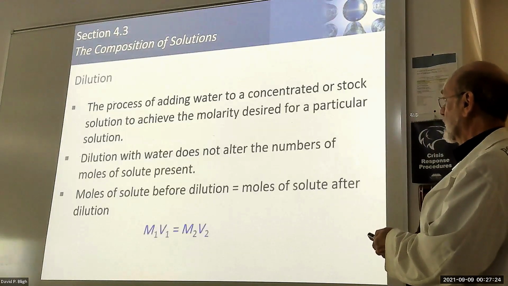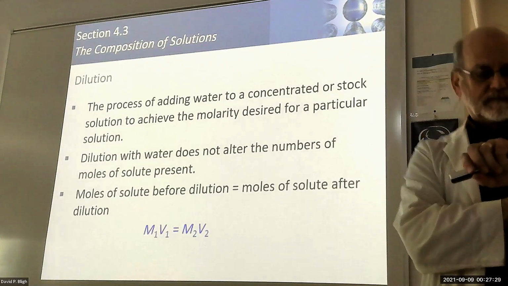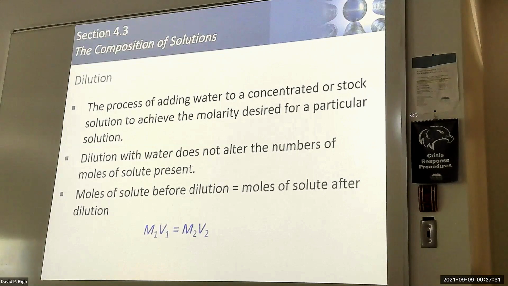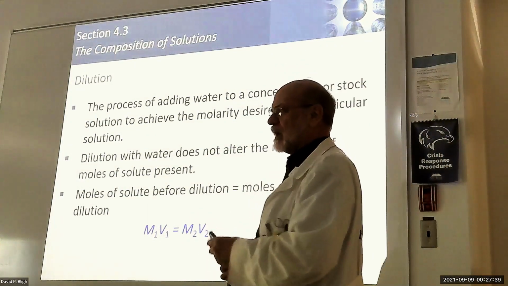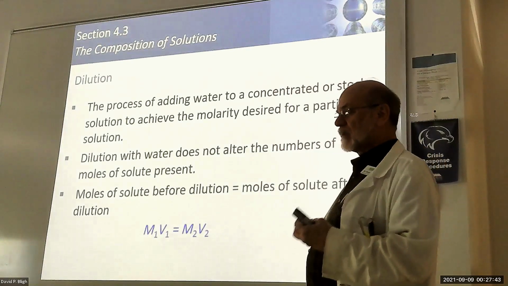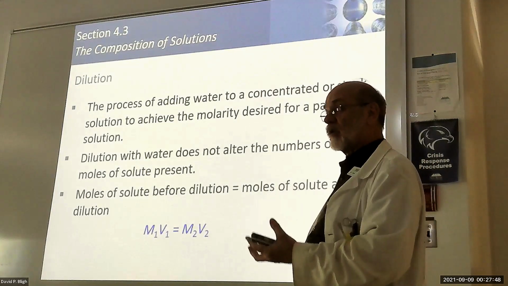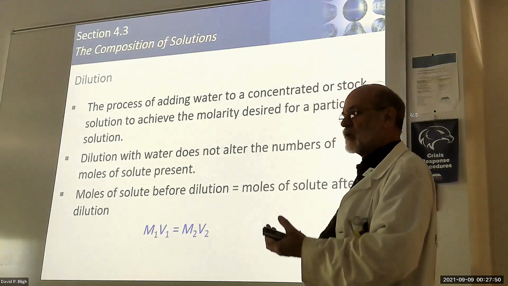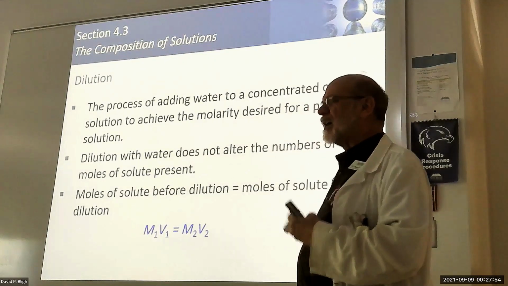Let's see. Dilution. Okay. When I was active, particularly in soil testing and plant tissue analysis research, one way we would determine fertility of soil would be to extract the soil with a solution, usually some type of salt. But we would do hundreds of them at a time.